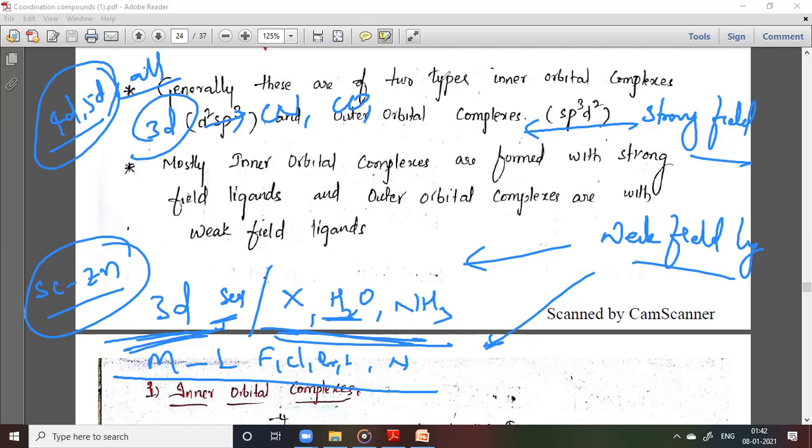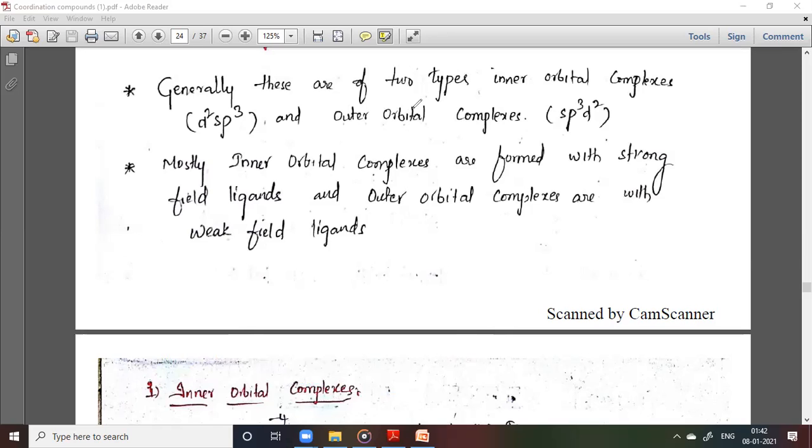First you should understand, see here. Here sp3d2 and d2sp3. What actually is the difference between d2sp3 and sp3d2? I will write it like this: (n-1)d2 ns np3, and here ns np3 nd2.